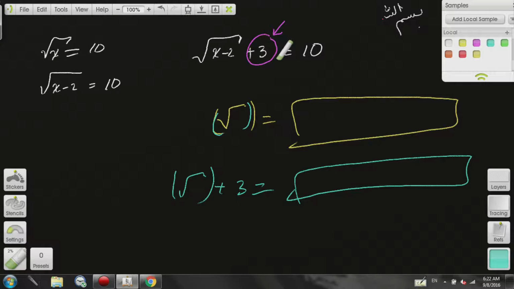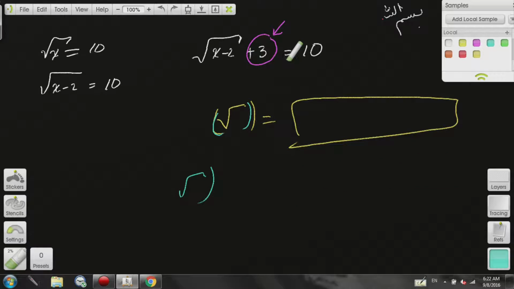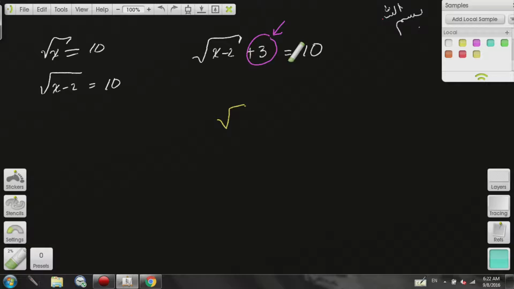So you don't square both sides of the equation until the radical sign is isolated, in other words, it's all by itself on that side of the equation. So you have to get rid of everything else on this side and isolate the radical symbol, and then you square it.